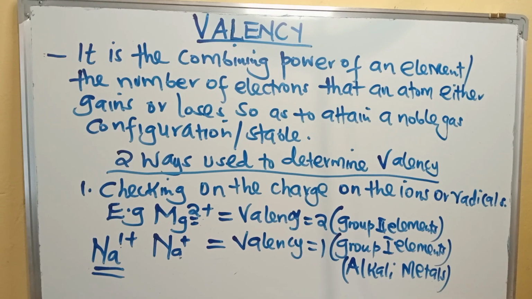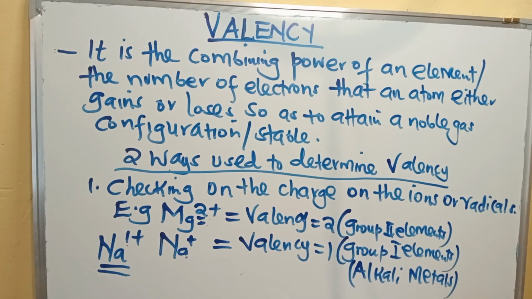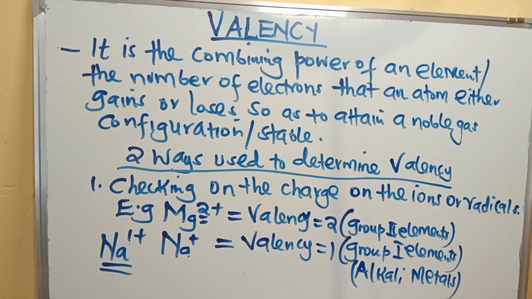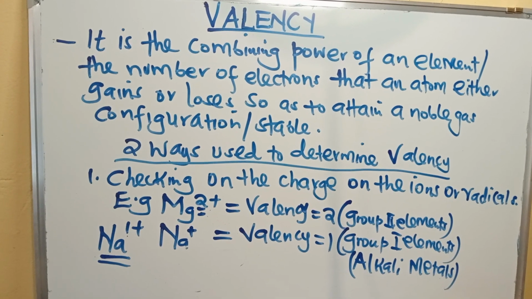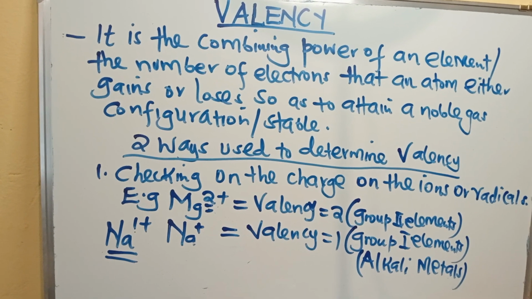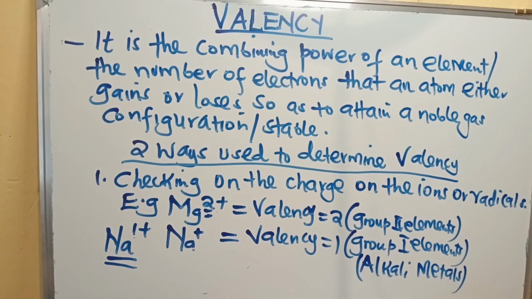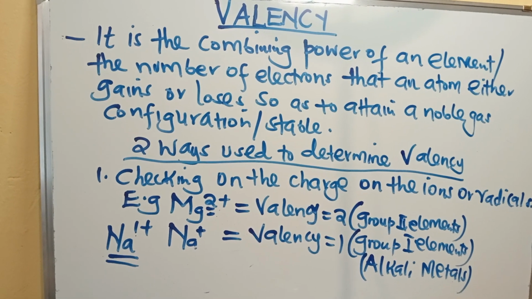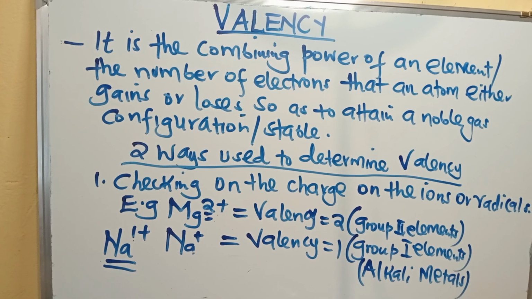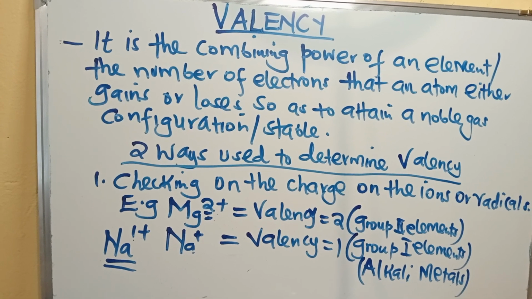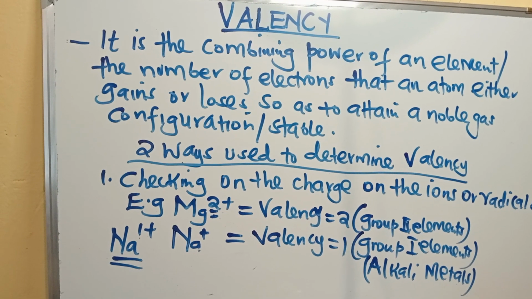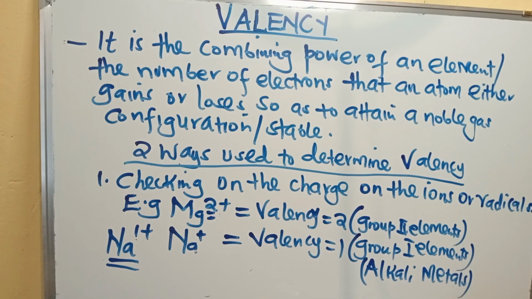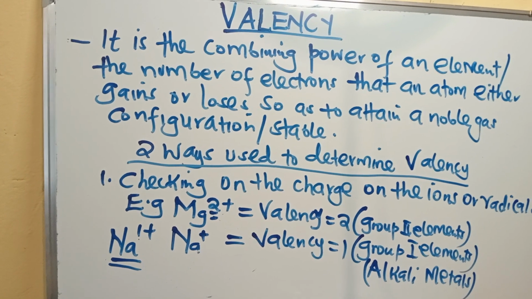Actually, if you check on the past papers, you will not miss that question. Why is hydrogen not considered a group 1 element? The reason is, hydrogen can lose the only one electron that it has, and by losing it, it will be left with only one proton in the nucleus.